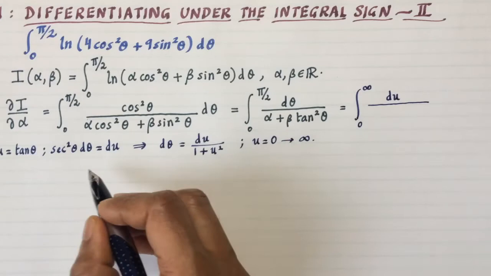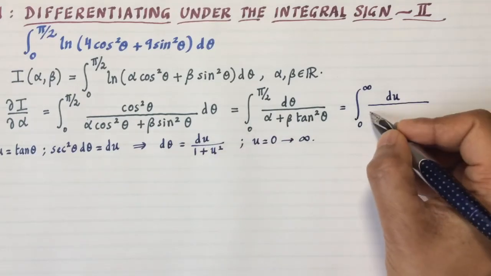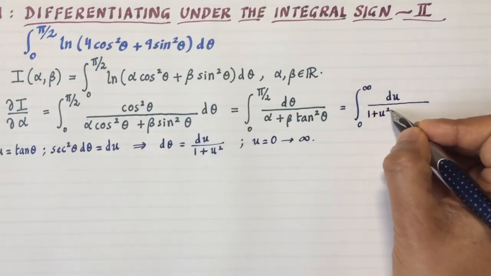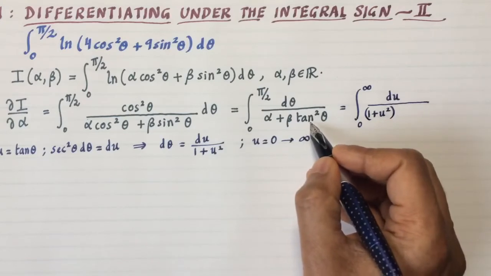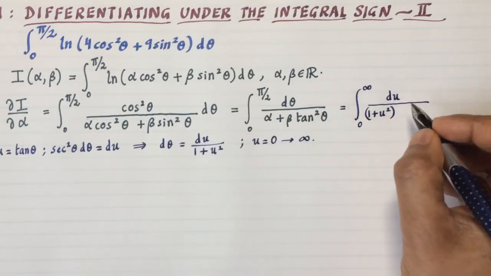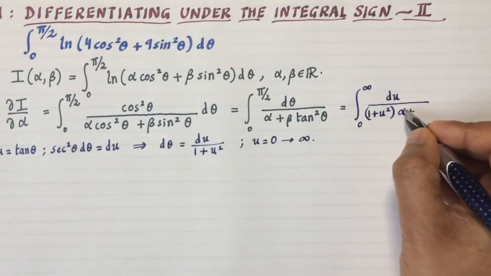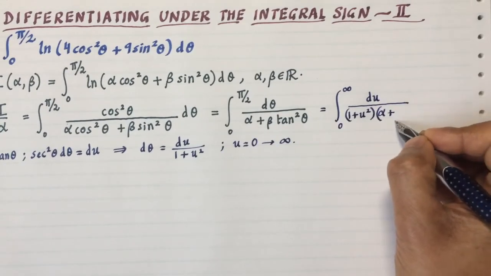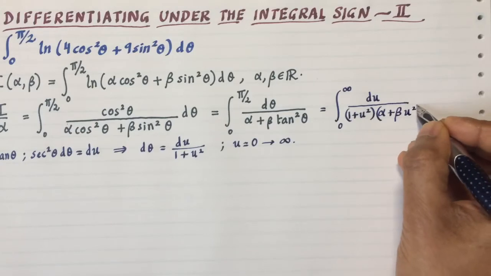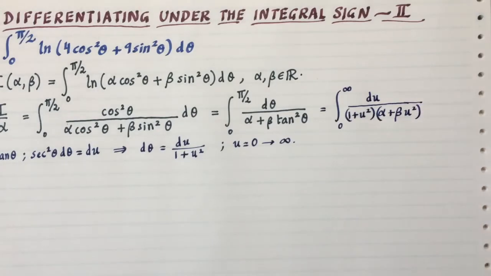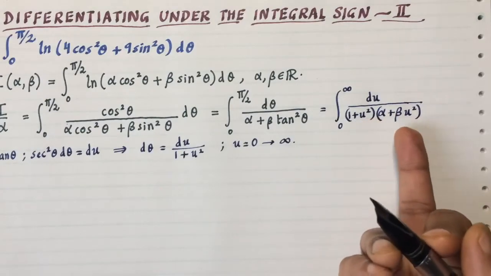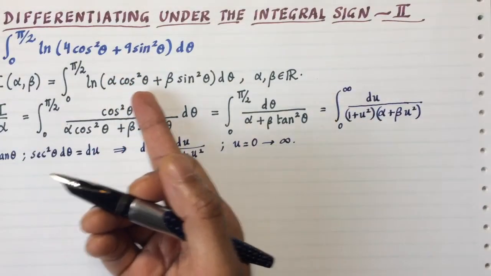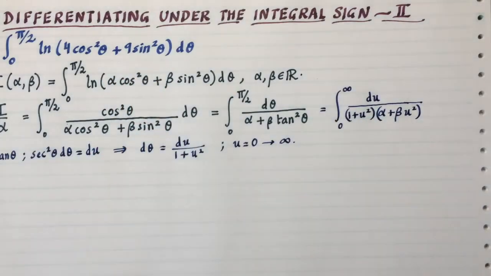D theta is du over 1 plus u squared. And when I put u here, I'll get alpha plus beta u squared. Now, that's still pretty complicated, but nothing as frightening as what we had initially. So we still have to do some work.